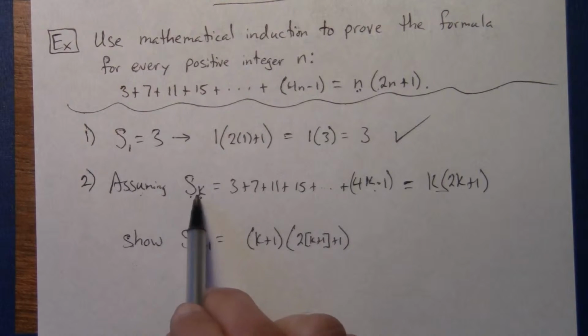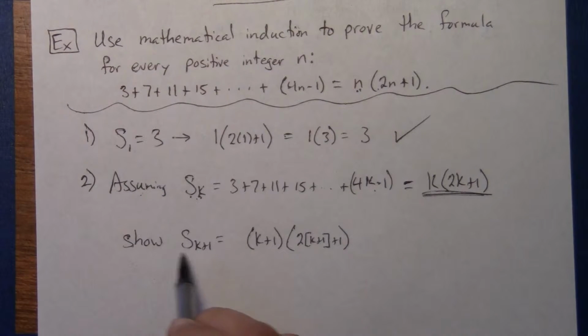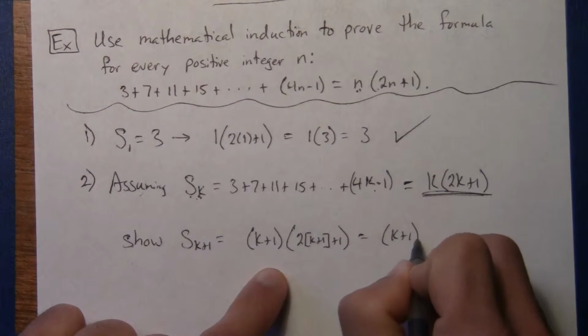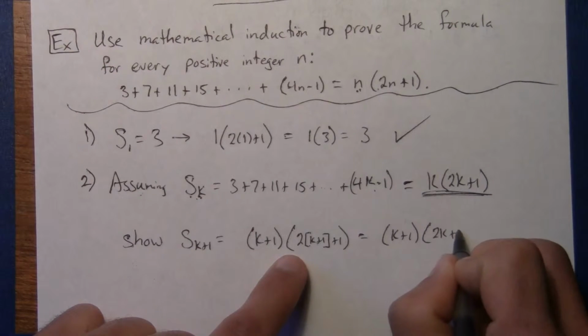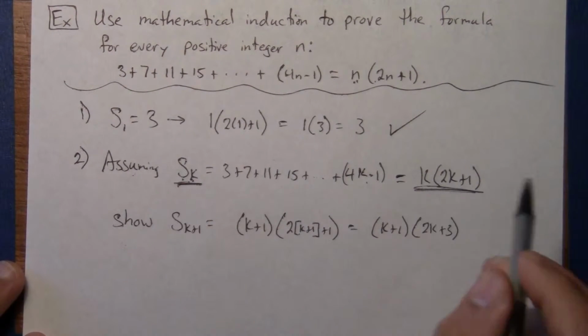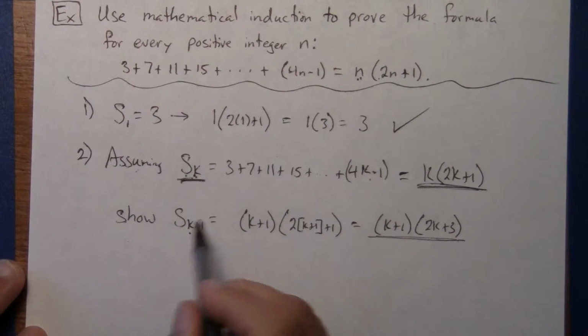So basically saying, assuming that s sub k is this, I need to show that s sub k plus 1 is this, and if I simplify it, it would be k plus 1 times 2k plus 2 plus 1, or plus 3. So assuming that s sub k is equal to this, I need to show that s sub k plus 1 is equal to that.